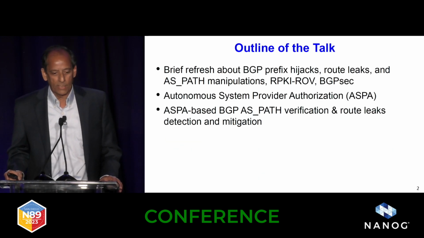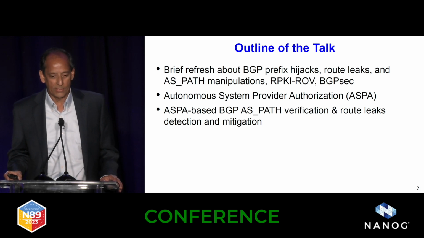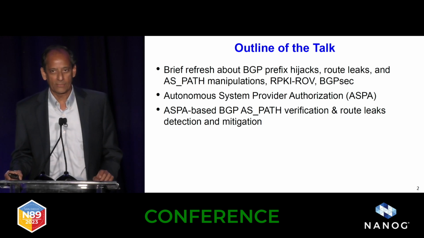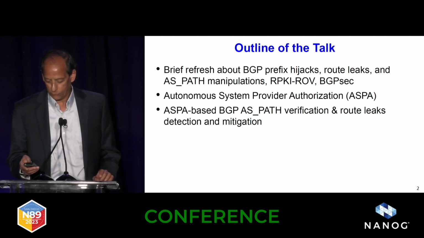I was going to give a little brief on the basics of BGP and BGP hijacks, RPKI, ROV, etc. But yesterday, Alistair did a very good job of summarizing all of that for us here. So I'm going to skip some of those slides and move forward.